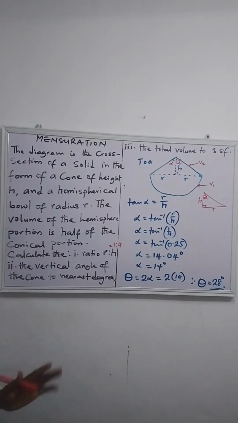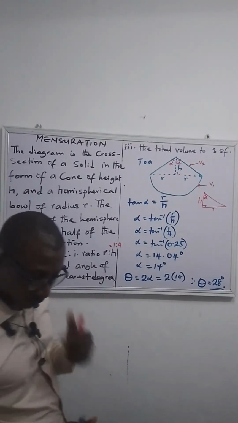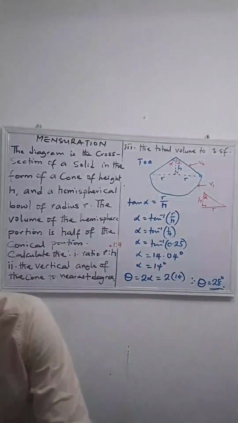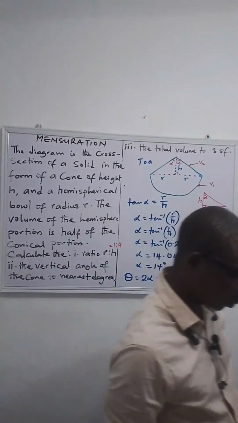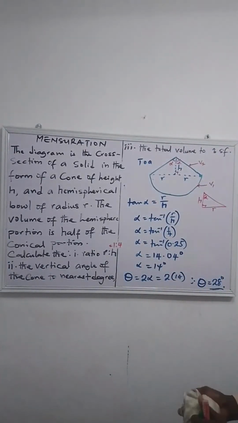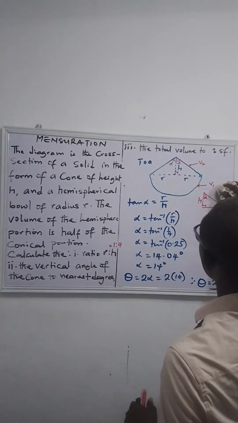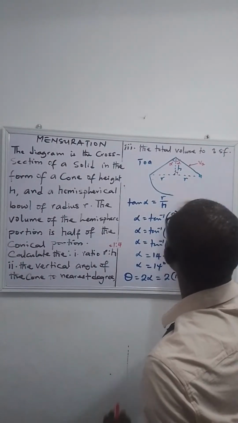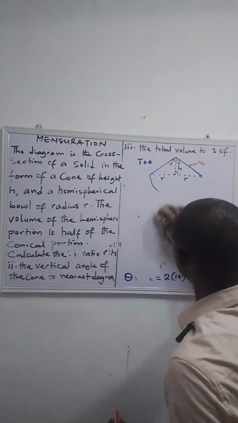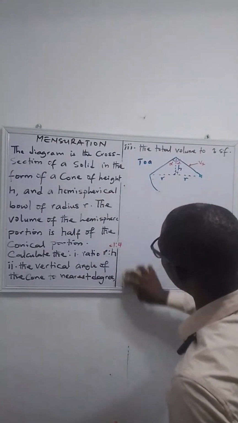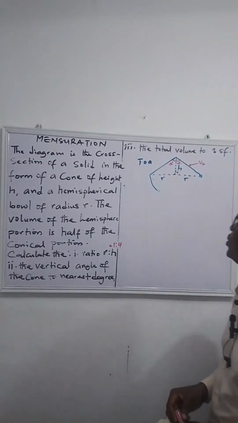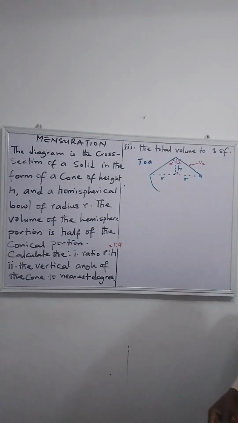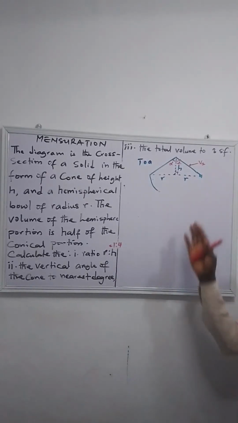Now let's look at the last one. The question is asking for the total volume of the solid shape here, the composite shape.